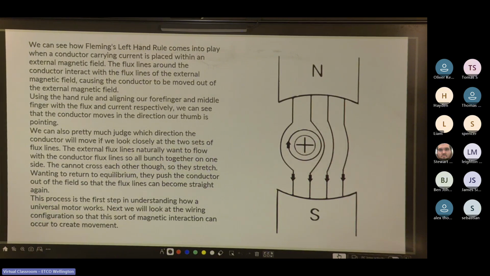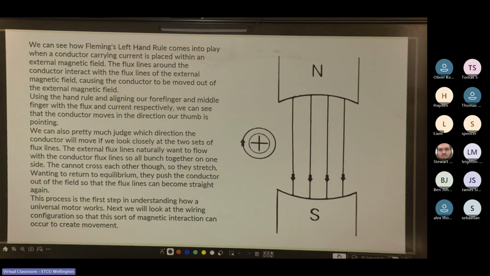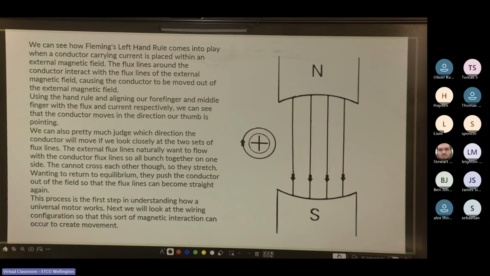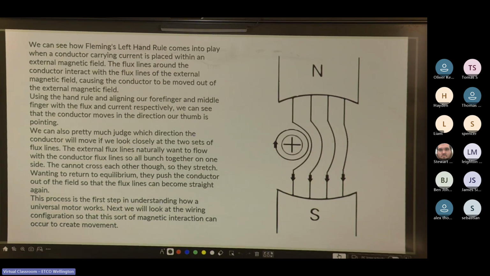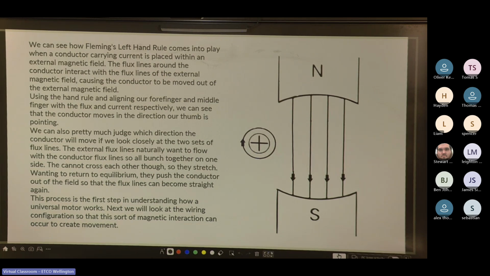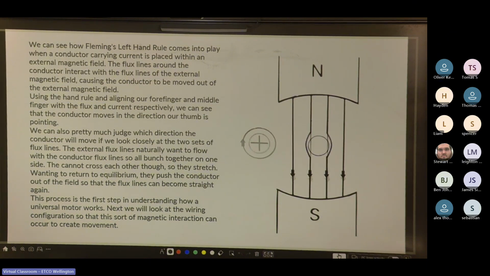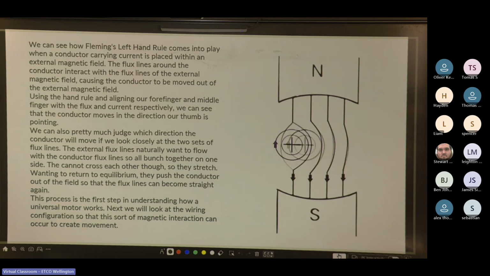Cool. We can see how Fleming's left-hand rule comes into play when a conductor carrying current is placed within an external magnetic field. The flux lines around the conductor interact with the flux lines of the external magnetic field, causing the conductor to be moved out of the external magnetic field. Using the hand rule and aligning our forefinger and middle finger with the flux and current respectively, we can see that the conductor moves in the direction our thumb is pointing.